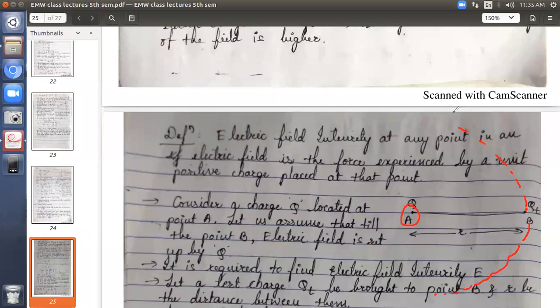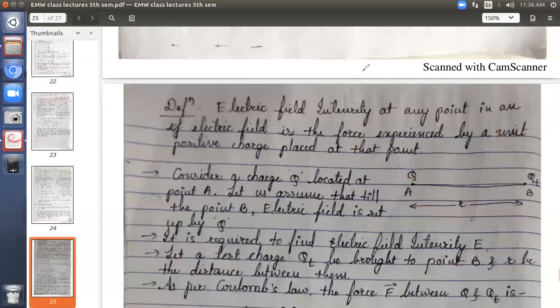So for that, we will take one test charge and place it at point B, just to check whether the field is existing or not. It exists, but we have to confirm it. For that, a test charge is put at point B, and let R be the distance between these two points. Okay, this is about the figure and the considerations.